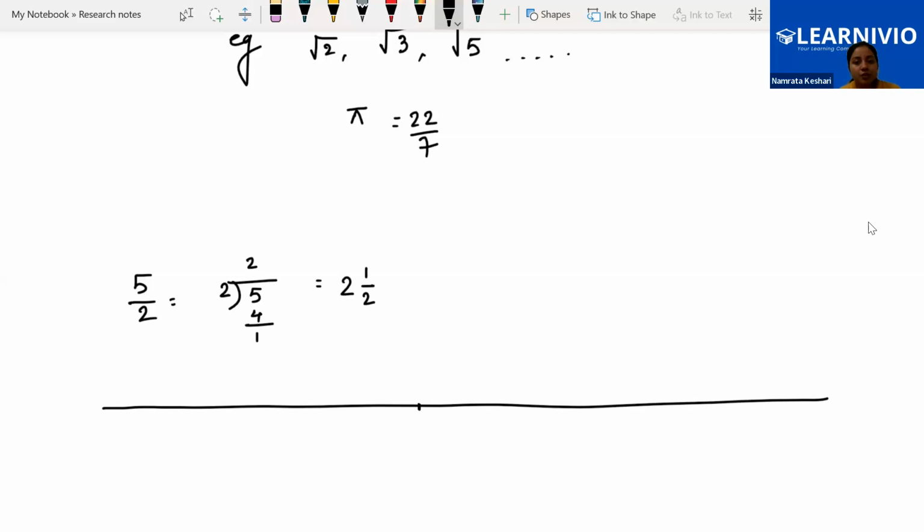And if we have to represent it on the real line, here is 0, here is 1, here is 2, here is 3, here is 4. So 2 1/2 will lie between 2 and 3. 2 is there and then 1 half extra, so it will lie between 2 and 3.